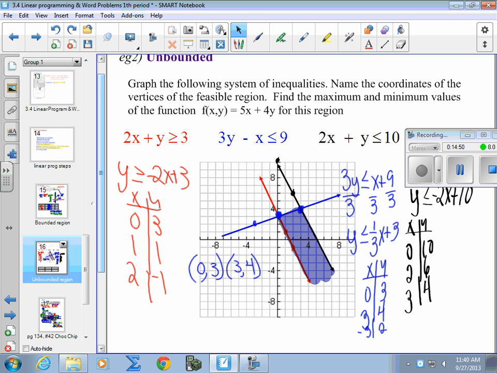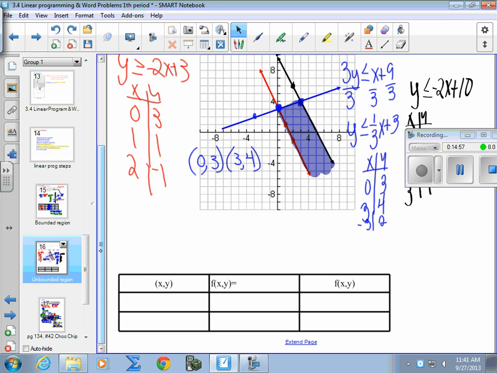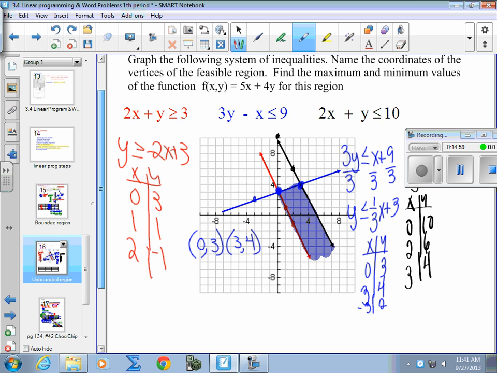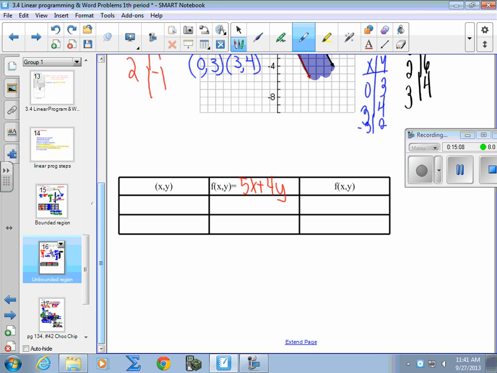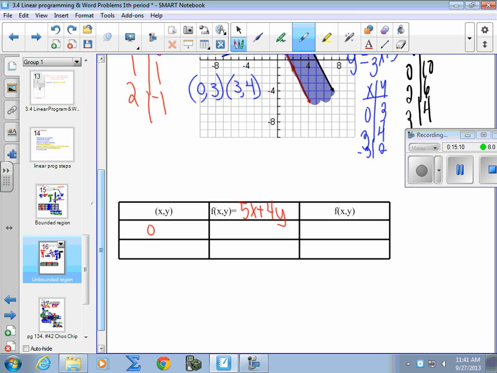So we want to take our function f of x, y is equal to 5x plus 4y and put it in a chart. And we want to put our vertices in our chart as well. We have 0 and 3, and 3 and 4.